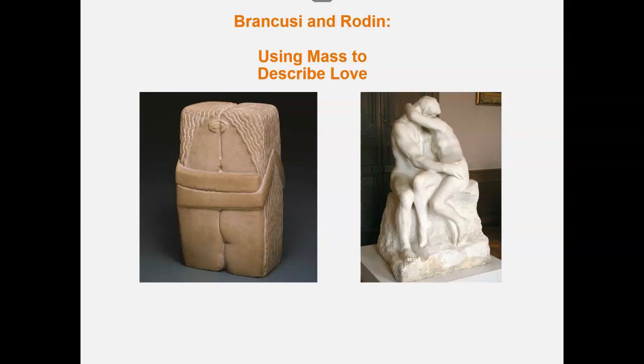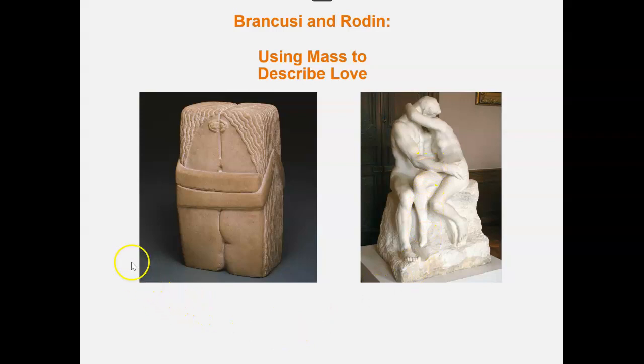If you're thinking about how an artist communicates love, how do they describe love? Rodin creates two figures who are sitting, embraced in each other's arms and kissing. This would be the idea of love.